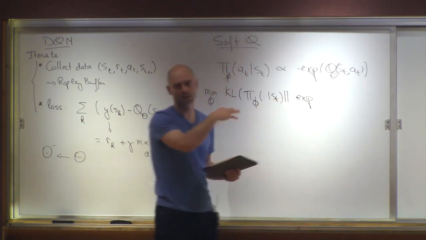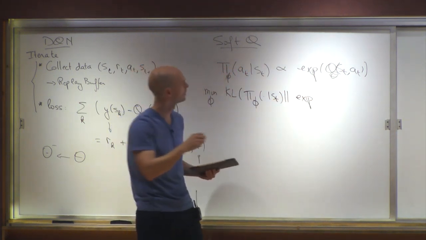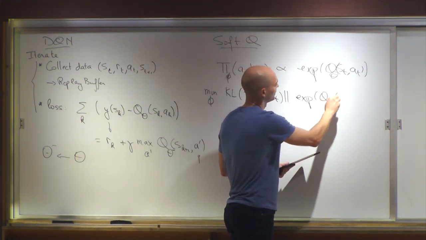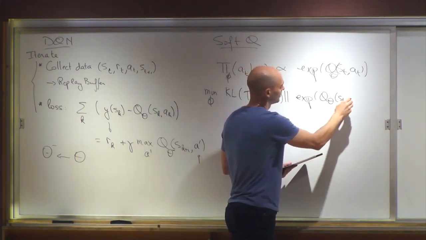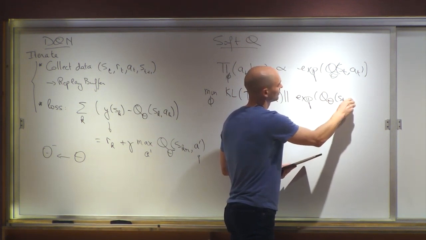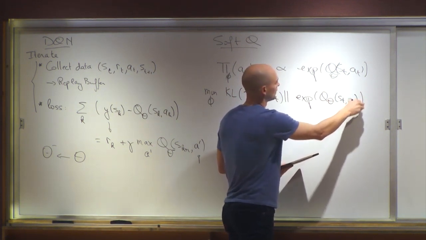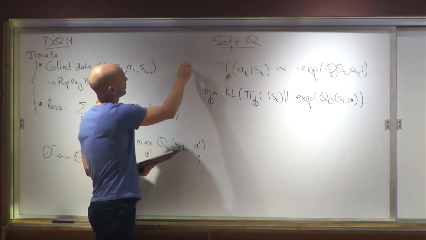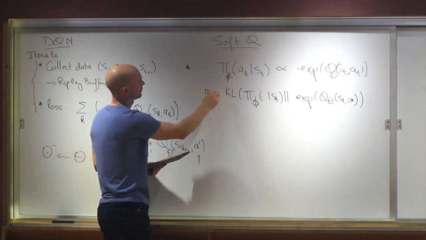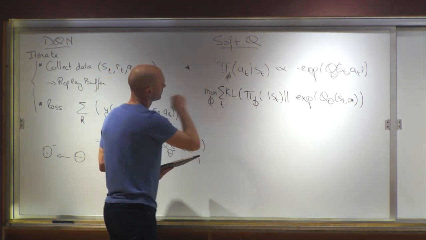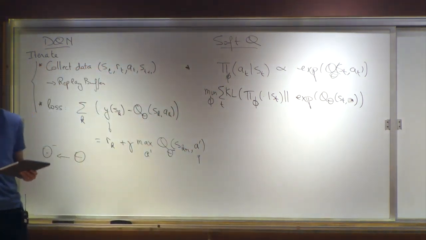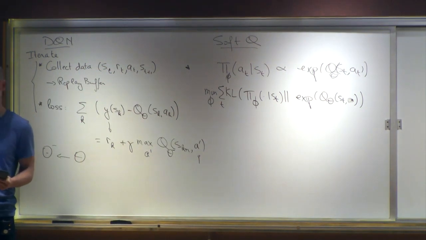Unnormalized is fine, it'll just be a constant in the KL divergence loss, so we don't have to worry about that. And so we minimize this summed over multiple data points where we update our policy. Once we have our updated policy, we can act according to it and get new data.